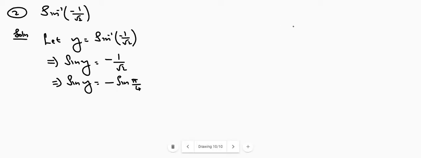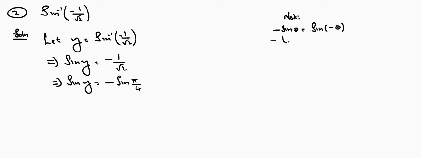Minus sin theta we can write as sin of minus theta. Minus tan theta we can write as tan of minus theta. In the same way, minus cosec theta we can write as cosec of minus theta.